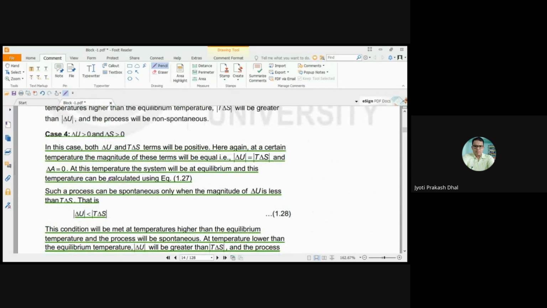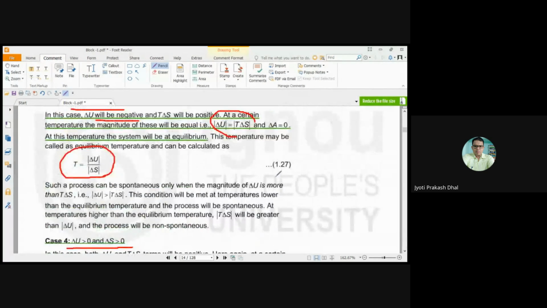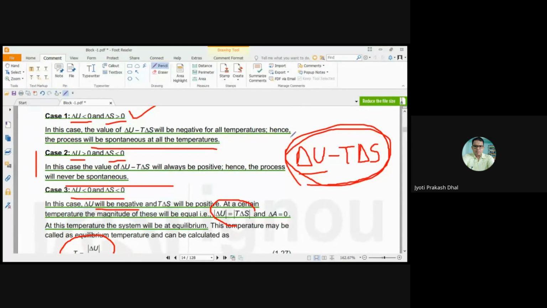Now coming to condition 4. In condition 4, if del u is greater than 0 and del s is also greater than 0, del u greater than 0 means this value will be positive, and del S greater than 0 means this total value will become negative, because the minus sign is there.